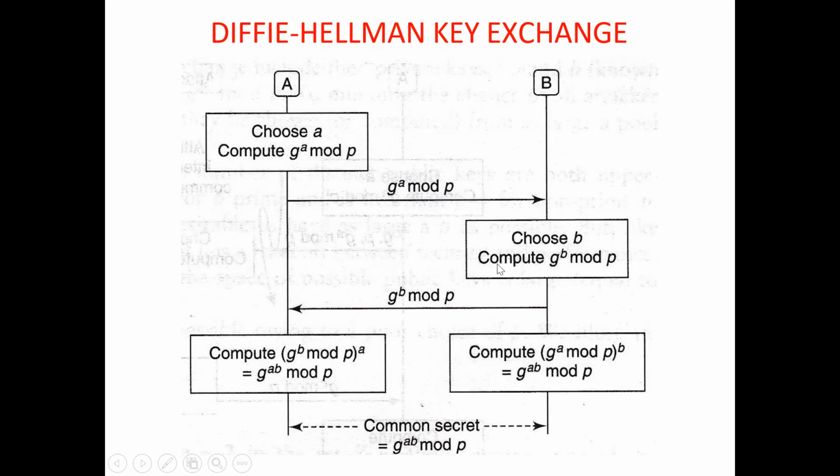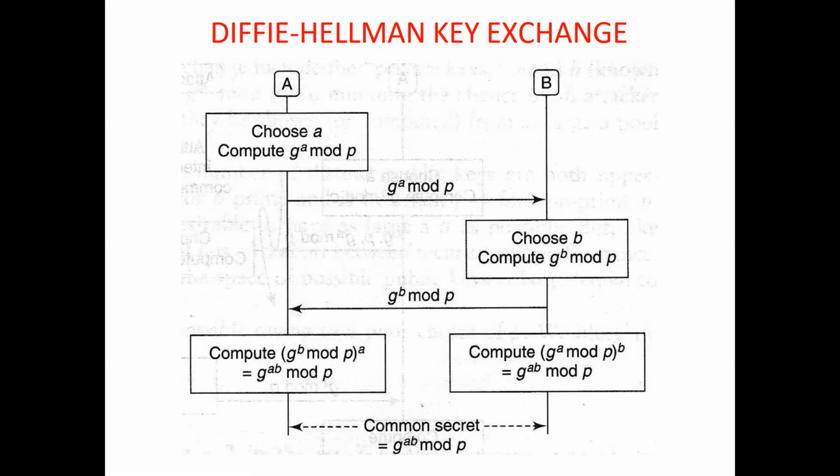After that, it has to compute G raised to b mod P. Both sender and receiver have to calculate this computation, that is, G raised to a mod P at the sending end and G raised to b mod P at the receiving end. The value of G raised to b mod P, which is also called the partial key, is sent to sender A.